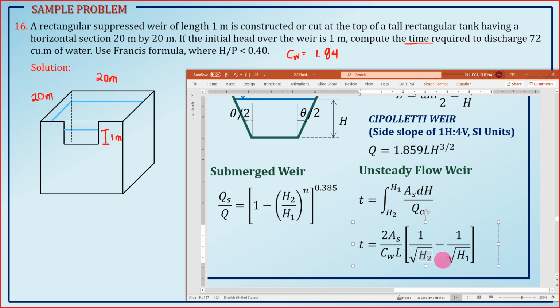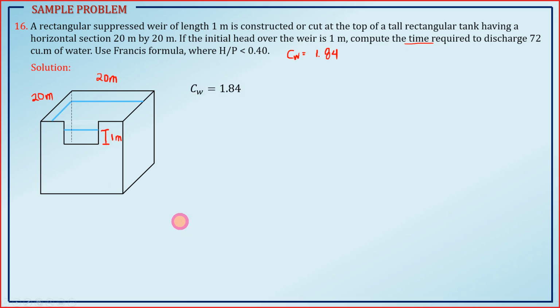So, wala tayong final head na given, but meron tayong binigay na volume na na-discharge. So, pwedeng yun yung magamit natin to solve for the H2. Okay? Then, H1 naman, meron tayo yung initial head that is 1 meter. So, 1 meter.